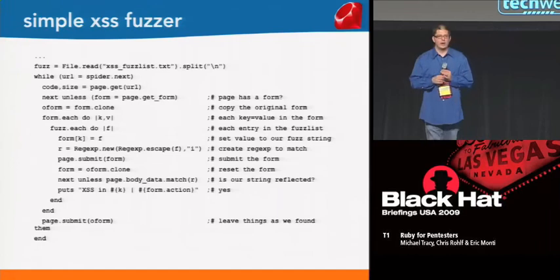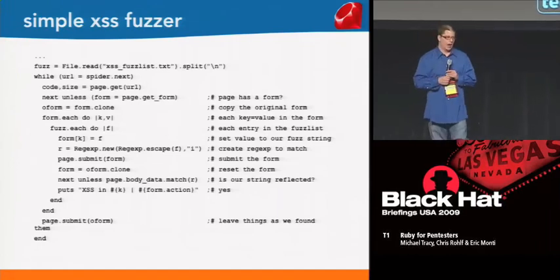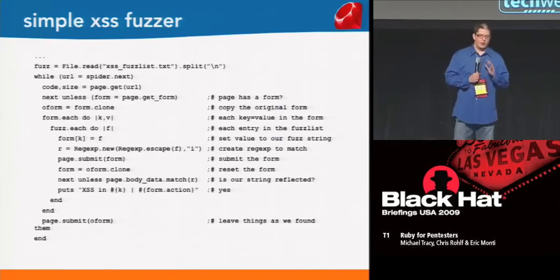So now that we have a spider, the next thing we want to do is create a very simple cross-site scripting fuzzer. Basically, all we do is load a fuzz list from a file, and in this case, the fuzz list is just script alert one script. That's all we're doing here.